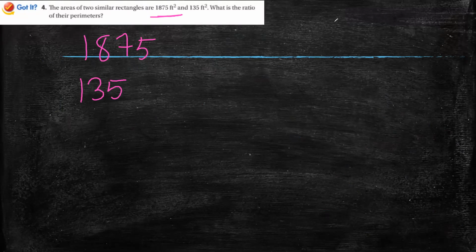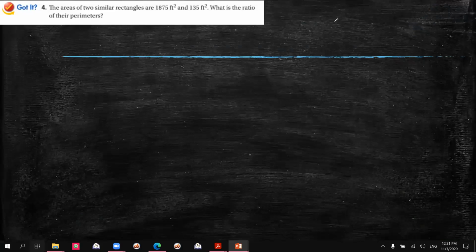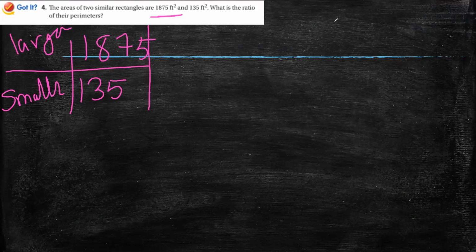So which is the smaller shape and which is the larger shape? 135 is the smaller shape. The smaller. Yes, thank you. So this is the smaller and this is the larger.